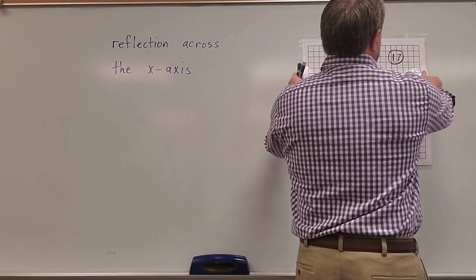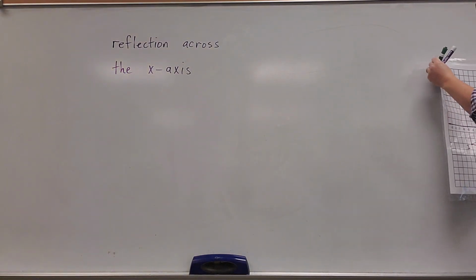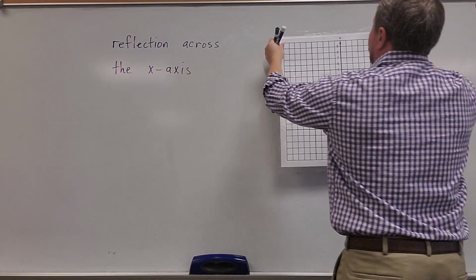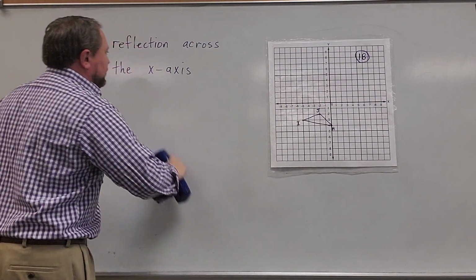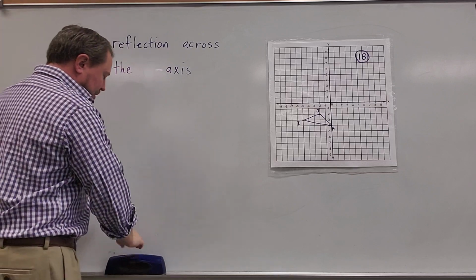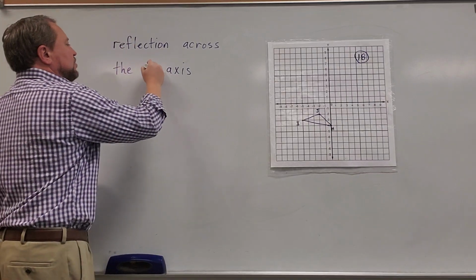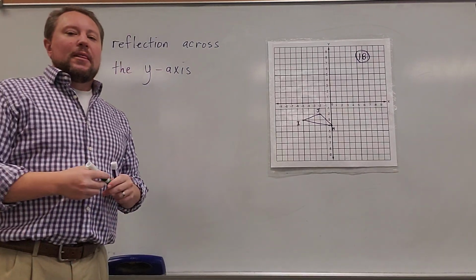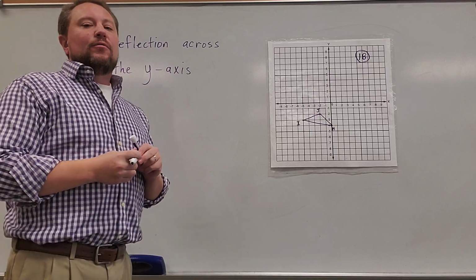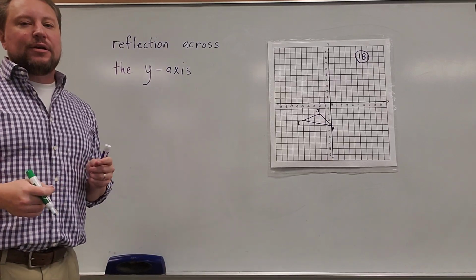If we take a look at problem 18, this time in the instructions they mention that instead of reflecting over the x-axis, we're going to be reflecting this one over the y-axis. So again, like I did on my last problem, one of the first things I like to do is emphasize that line that I'm reflecting over.